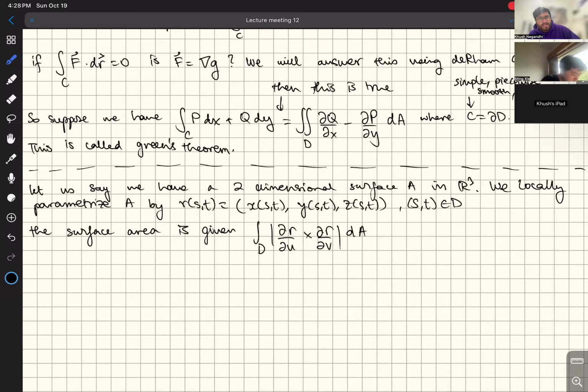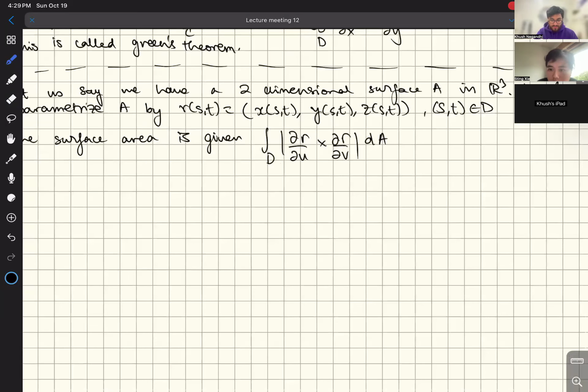Again, this seems extremely unnatural for now, but we will see that it's not that unnatural. It looks unnatural because we're restricting ourselves to certain spaces. Here, this is just the usual cross product.